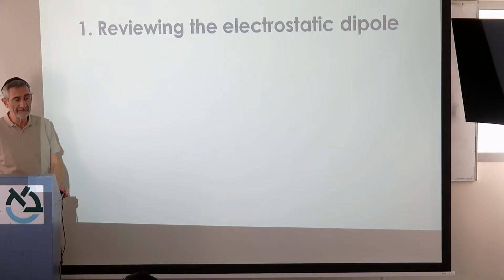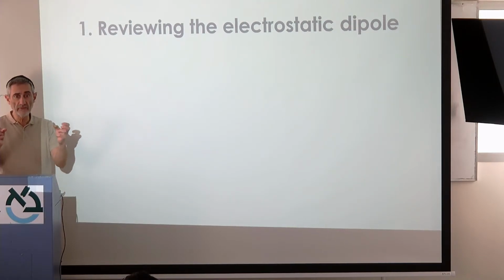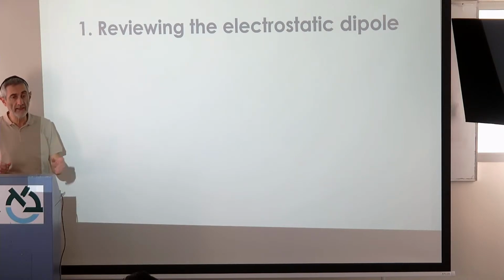You remember? You have two charges, plus and minus, and you want to know the field at some distance far from the dipole itself. Here the dipole is not oscillating. There is a polarization, but the polarization does not depend on time. So this is the electrostatic case.